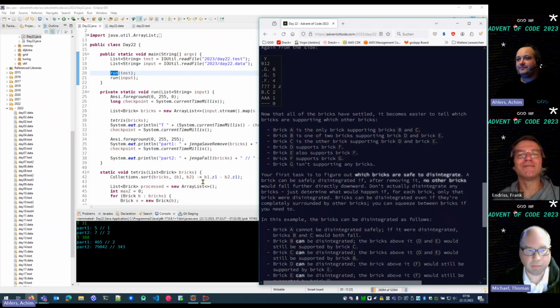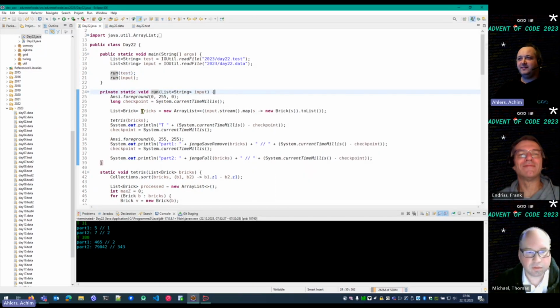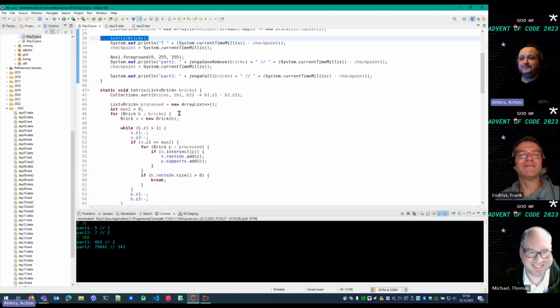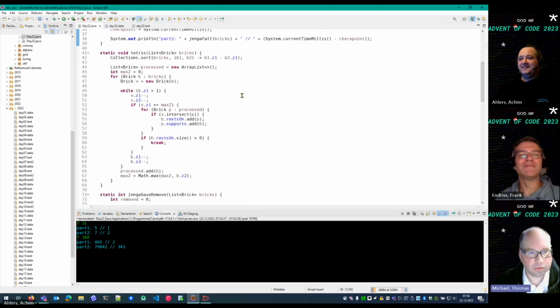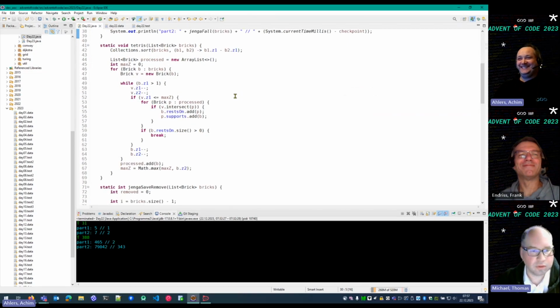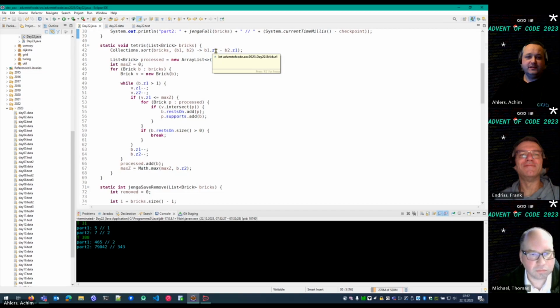Achim, are you prepared to show me some code for that? Yes, I have a run method here, starting with the usual parsing of the bricks, and then let's play a round of Tetris. First step, we take the bricks and sort them by the z-axis, so smaller ones at the bottom, higher ones above.